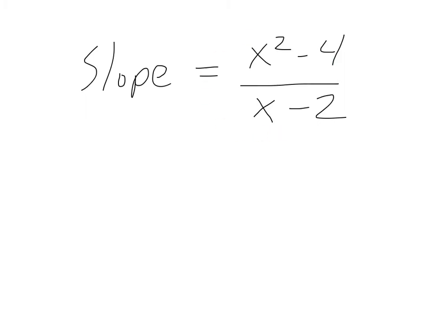This equation is the slope of that little triangle we've been drawing, but really what we want is the slope of the tangent line. We know that as x gets closer and closer to 2, this equation gets closer and closer to the tangent line, because what we really want to know is the exact slope of that tangent line, like so.